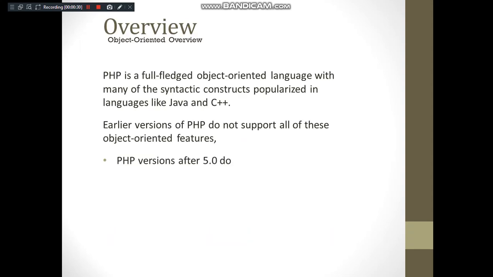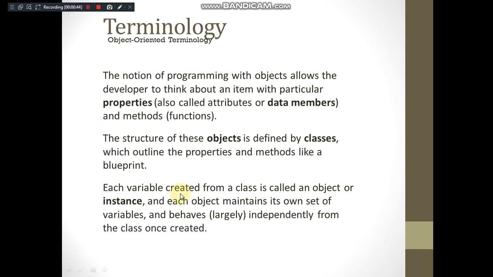Overview of object orientation: similar to Java and C++, Java is also a full-fledged object oriented language. Earlier versions of PHP do not support all these features, whereas after 5.0 all the versions support object oriented properties.